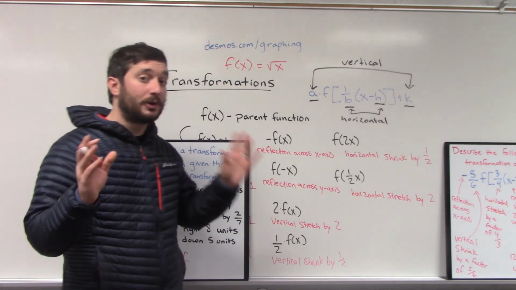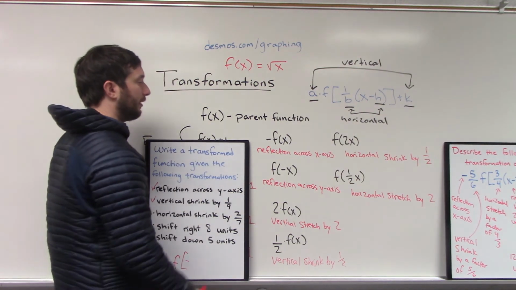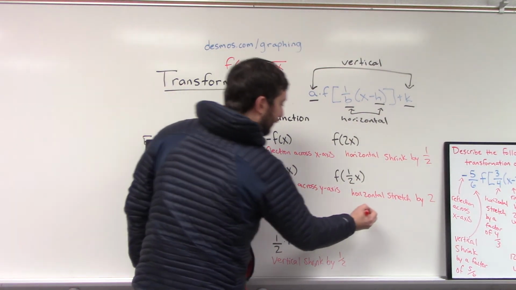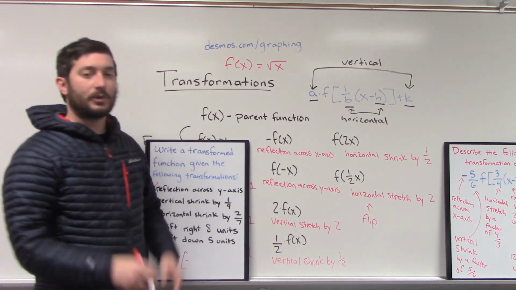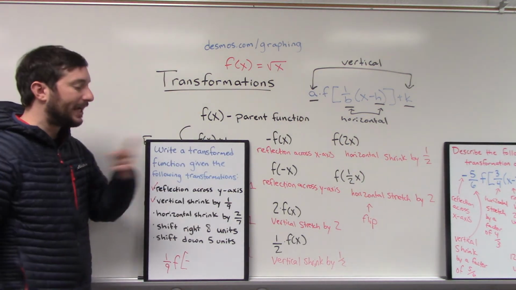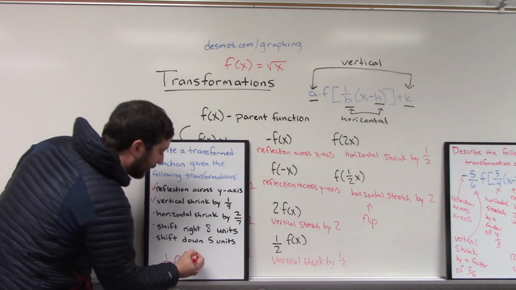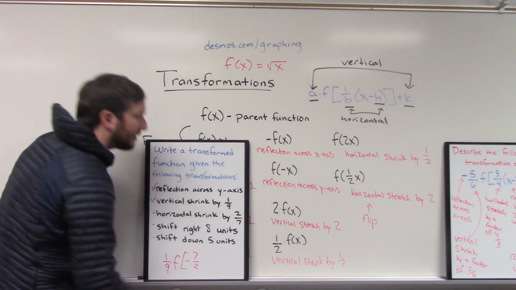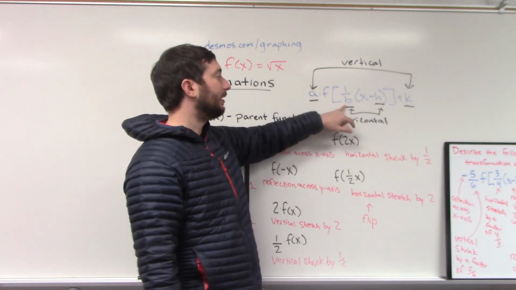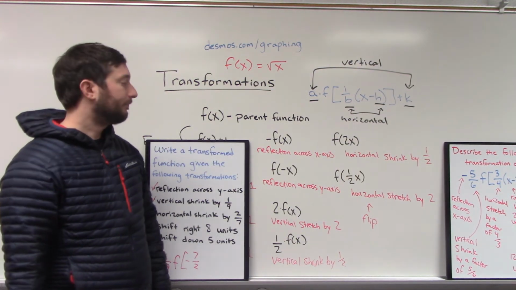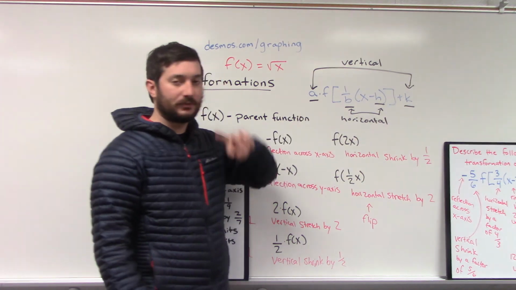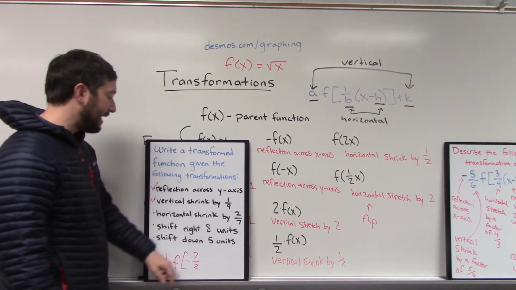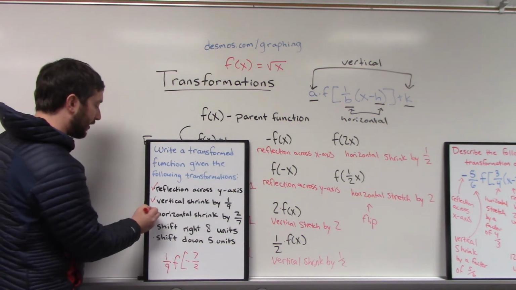Now, whenever you see the word horizontal, remember, think the word flip. See the word horizontal, think the word flip. So we're going to flip this fraction upside down. That's going to become a 7 over 2. Once again, we're changing b here. Okay? We're multiplying inside by a negative as well as a fraction. We're flipping that fraction upside down. Negative 7 over 2. Check.